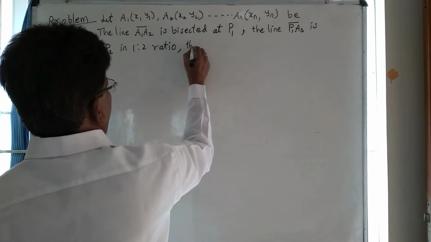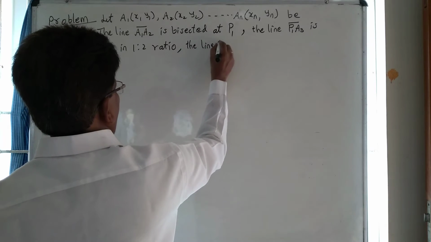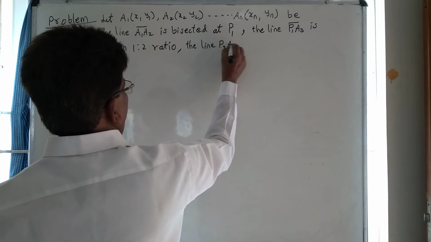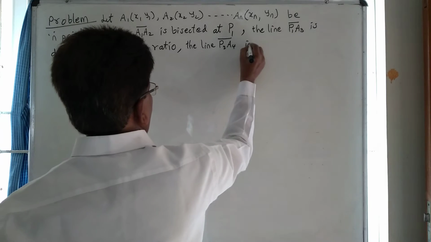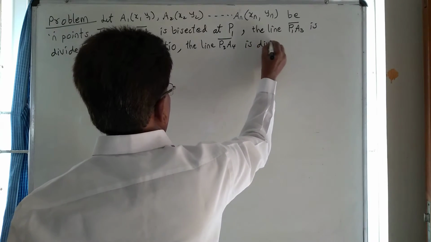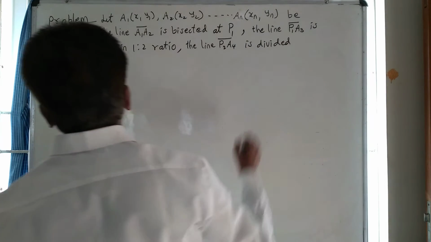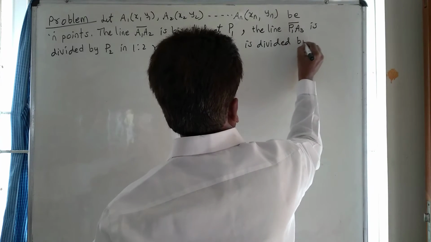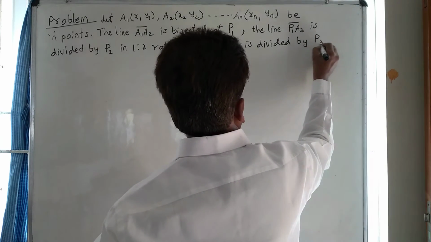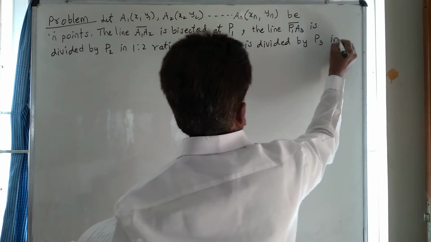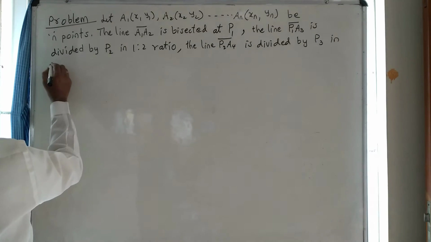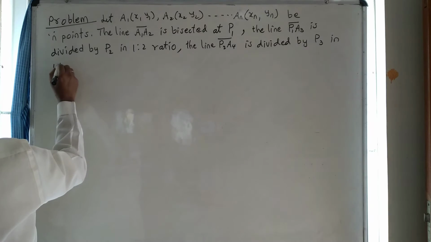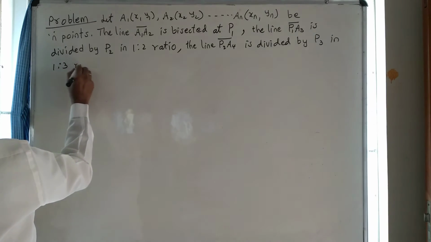The line P2 A4 is divided by P3 in the ratio 1:3. The line P3 A5 is divided by the point P4 in the ratio 1:4, and so on.